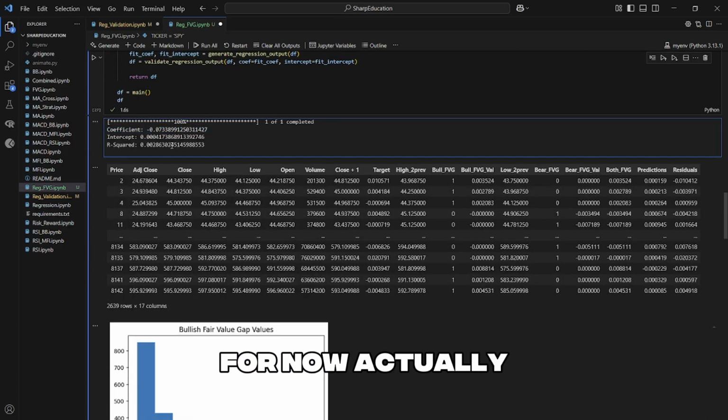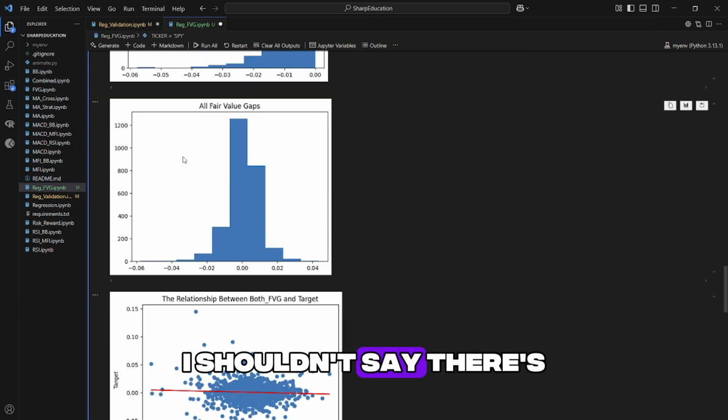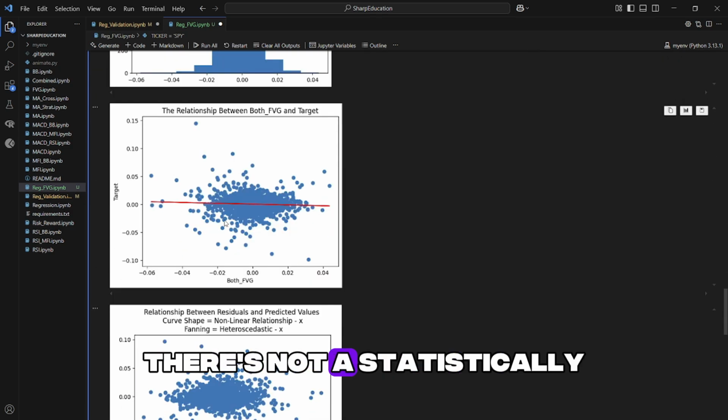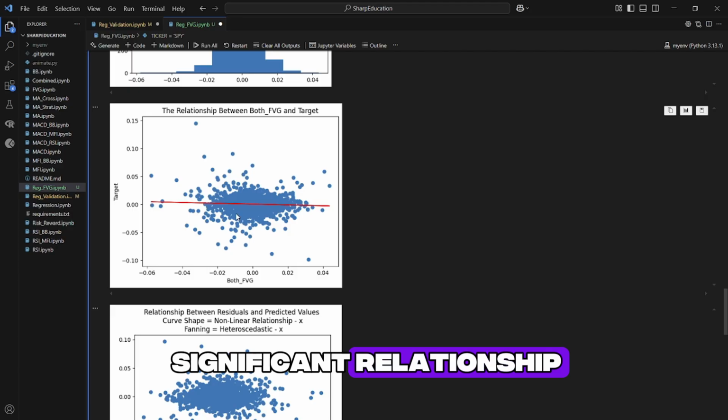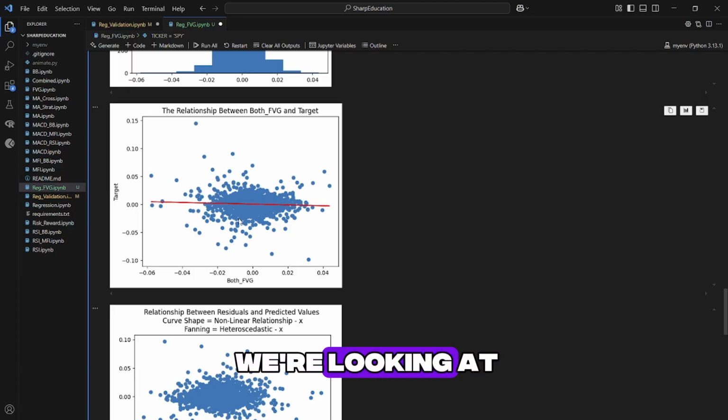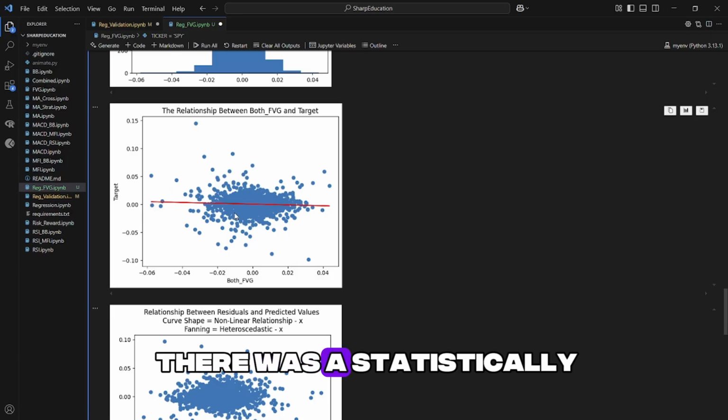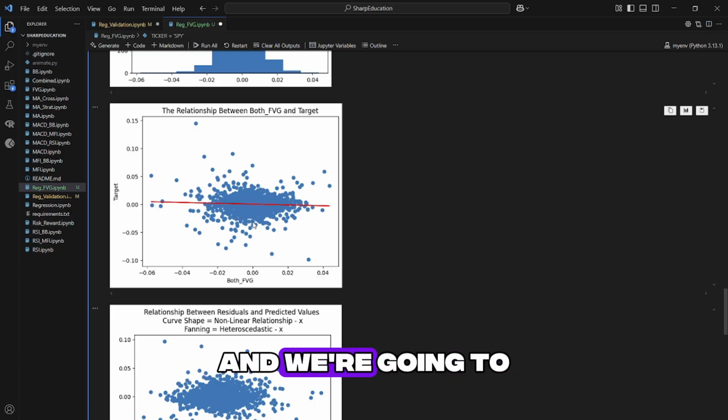For now, actually, I shouldn't say there's not a relationship. There's not a statistically significant relationship just based on what we're looking at. We would be able to take a strong guess on whether or not there was a statistically significant relationship, and we're going to be doing that test in a later episode.